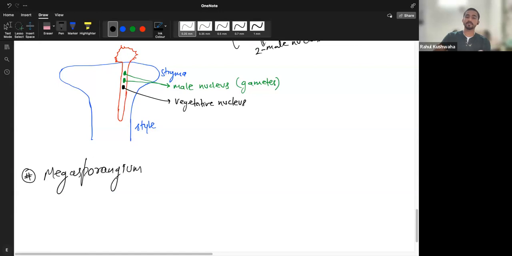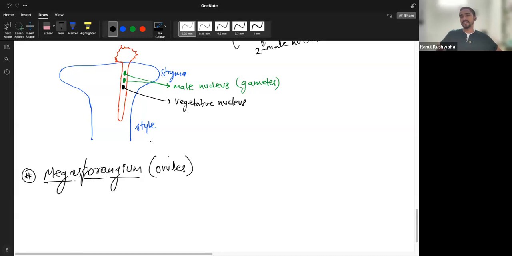Sorry for keeping it a suspense and leaving you on a cliffhanger with this pollen tube going in. We will come back to it. Okay. Now the word megasporangium, what does it mean? Simply ovules, right? So megasporangium is ovule.